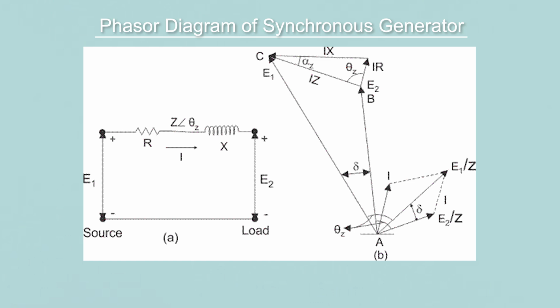In the other section of the phasor diagram, we have marked E2 over Z. This is the current if there is only E2 available in this circuit. And E1 over Z is the current which would flow if you had only E1 there. But since we have both E1 and E2 in the circuit, the resultant current is I. So the series current will remain the same in the circuit.